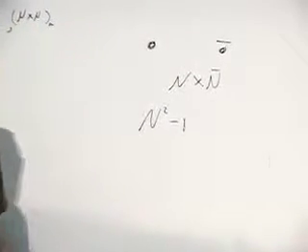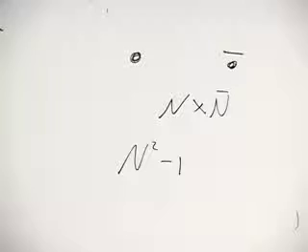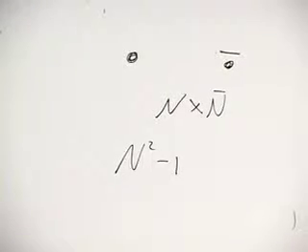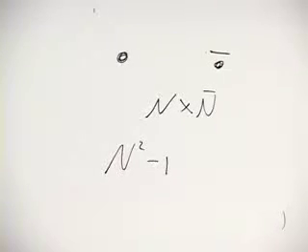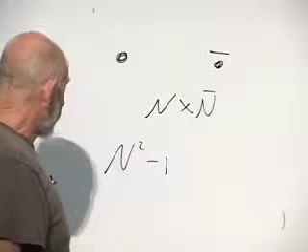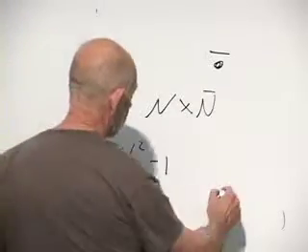For SU3, n squared minus 1 is 8. All right, we've seen how that corresponds to the 8 gluons of quantum chromodynamics. What is it for SU2? It's called the adjoint.